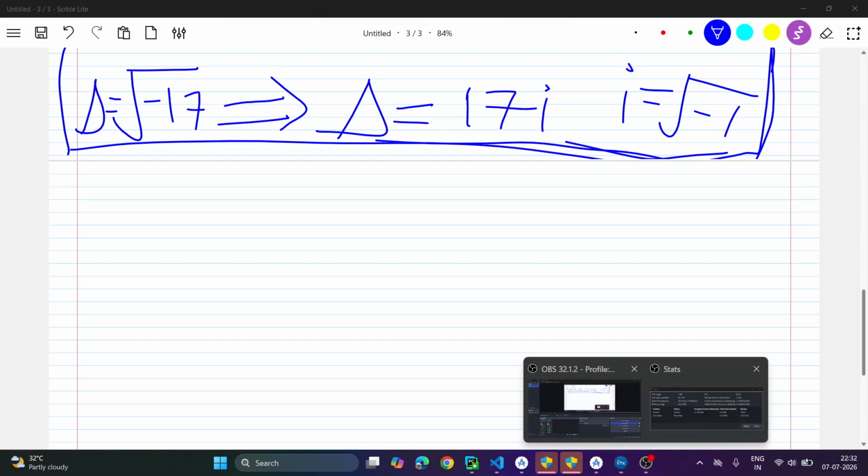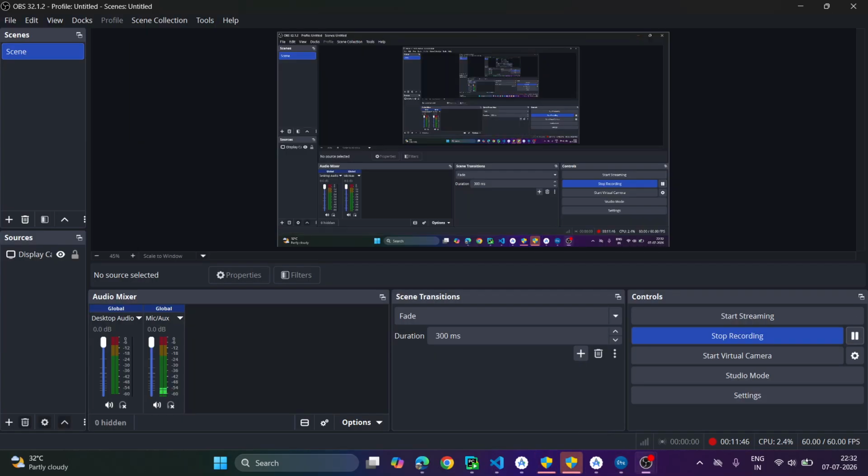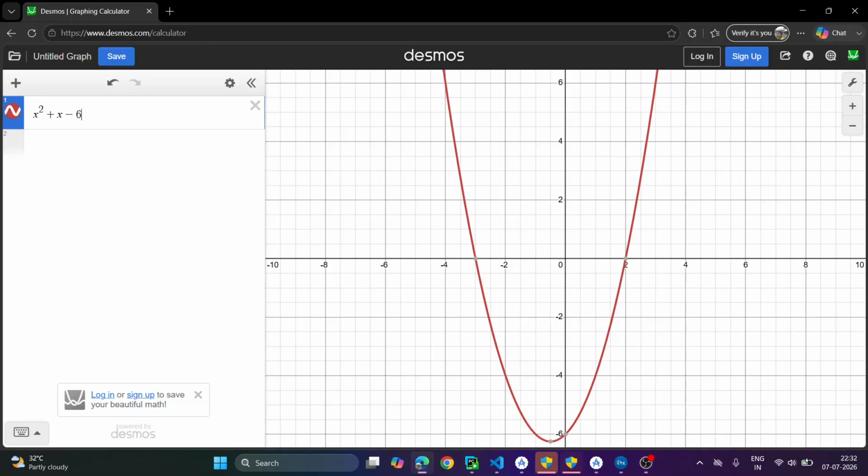Let me show you one cool trick. If you're writing the SAT test, Desmos, a graphing calculator, is completely allowed. Great news. We can use it freely. The roots are nothing but the x-coordinates of the points where the graph intersects the x-axis, just like the zeros of a polynomial I've taught before. So now the roots of the equation are minus 3 and 2.